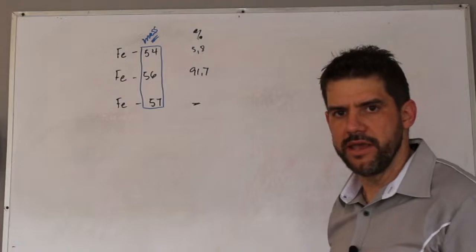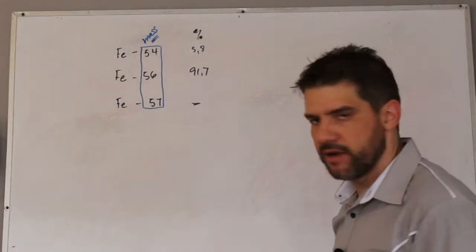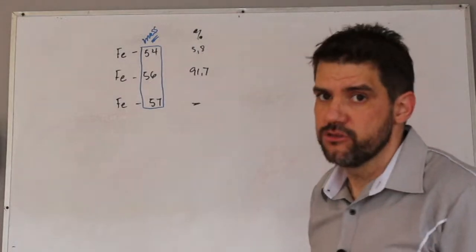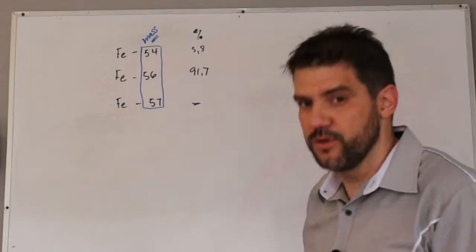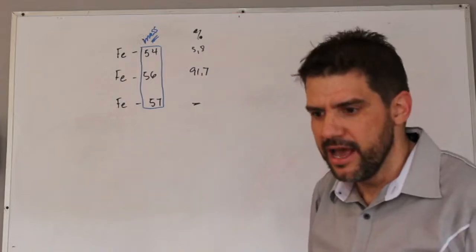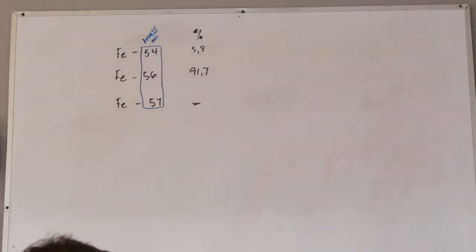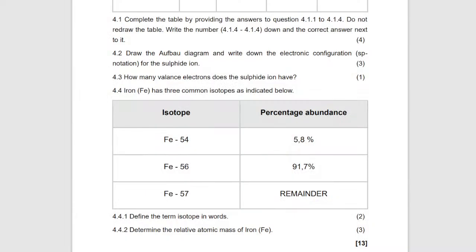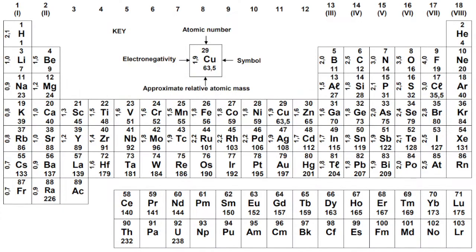That is another way of representing isotopes. If you move back to the standard notation, which I explained before coming here, and you go to iron, remember 26 is the number of protons.